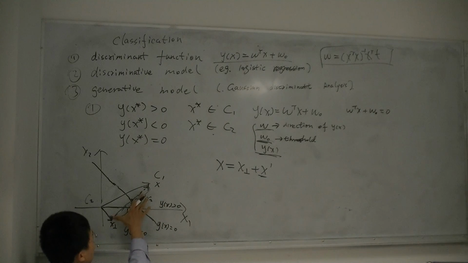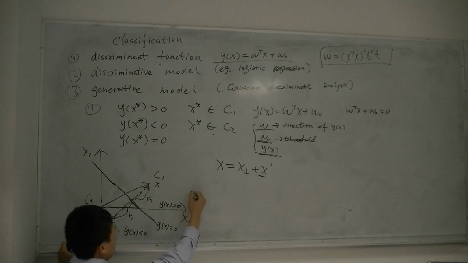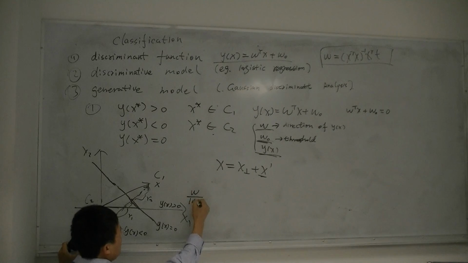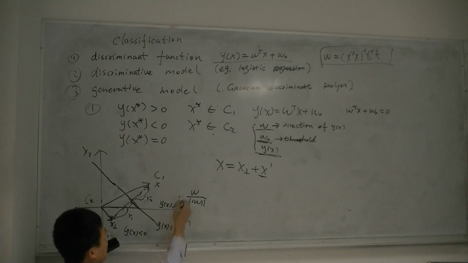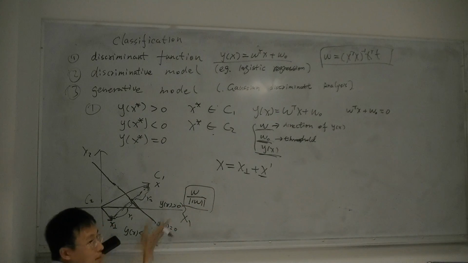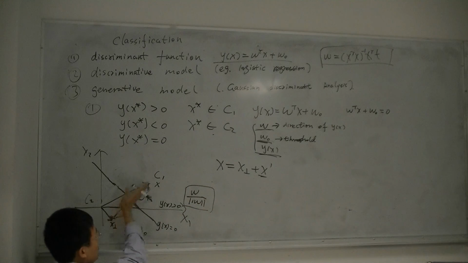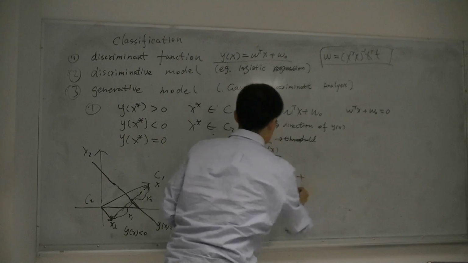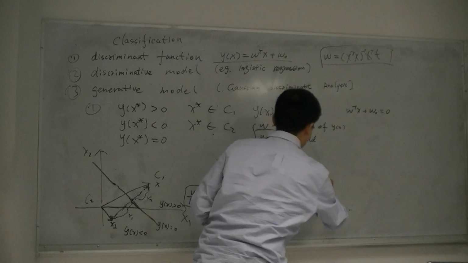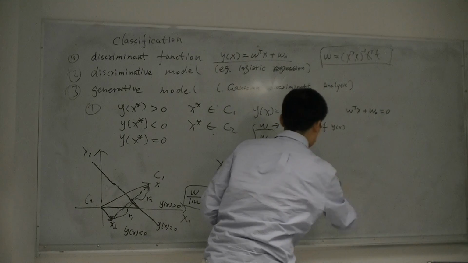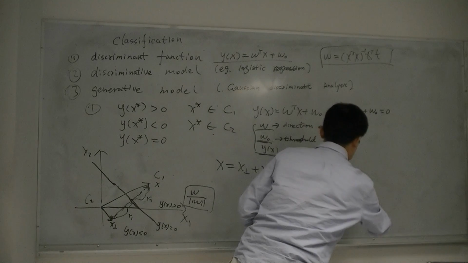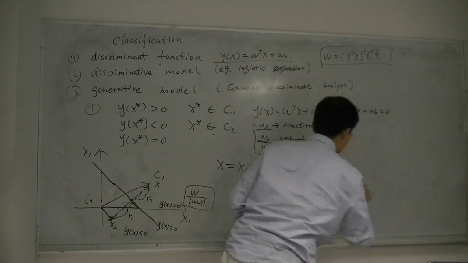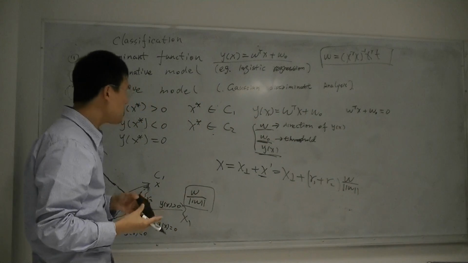The direction of this vector is omega over the magnitude of omega, a unit vector that indicates the direction. So x prime equals R1 plus R2 times the unit vector.